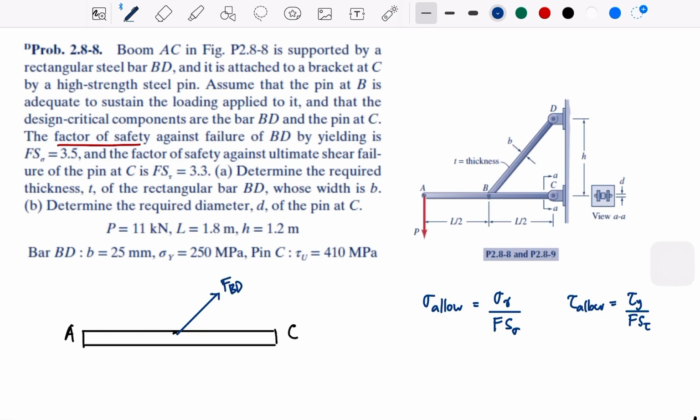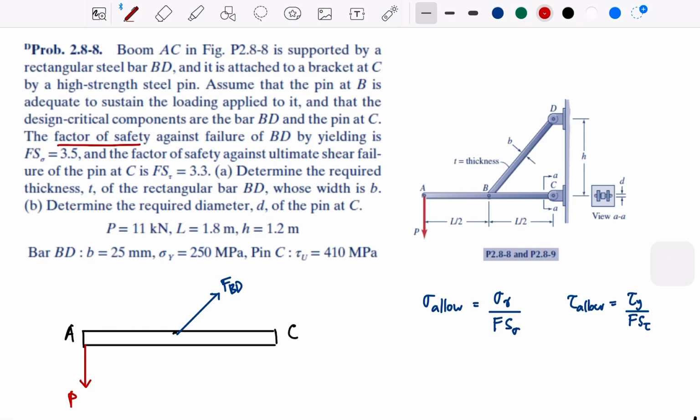FBD, and then we have P on the side, at A, this is P. Now on C, remember, we have a pin. Whenever you see a pin like this, a circle, it means it can rotate, right?